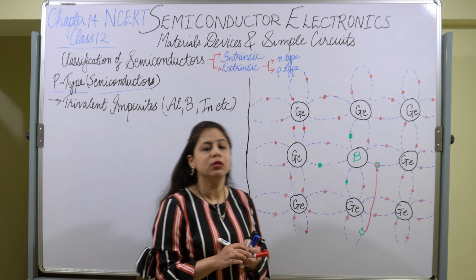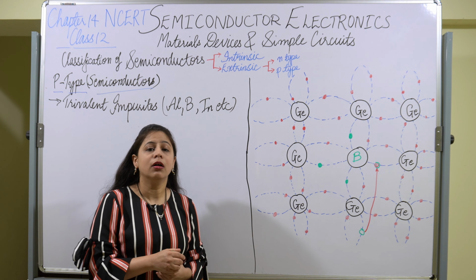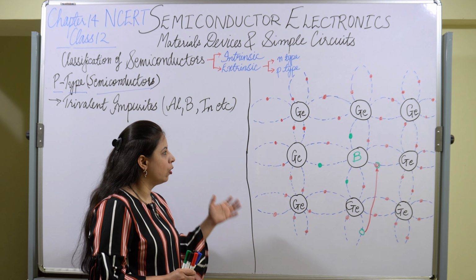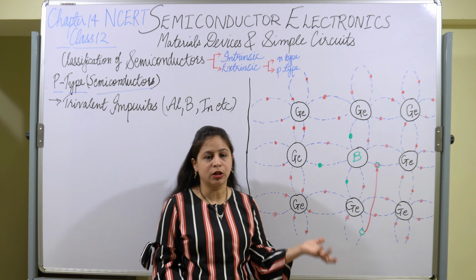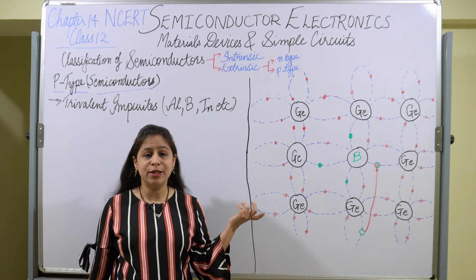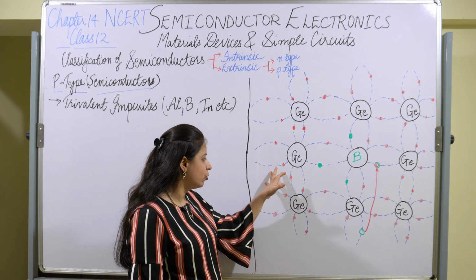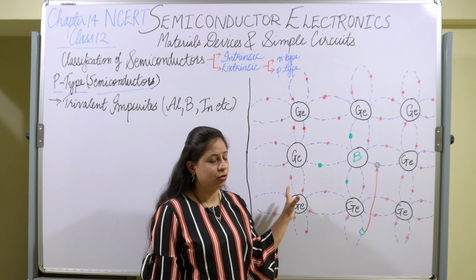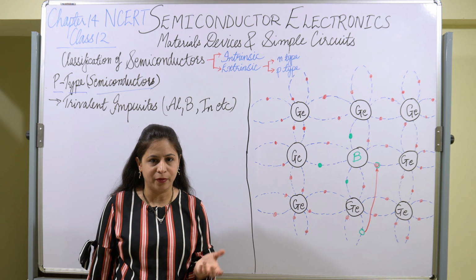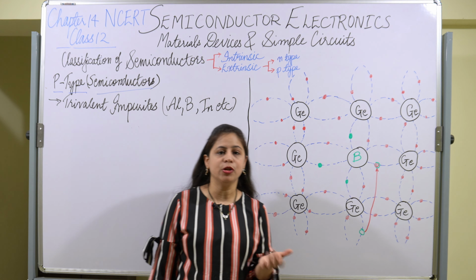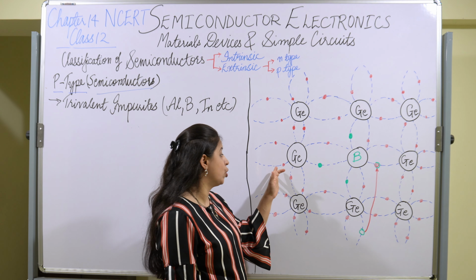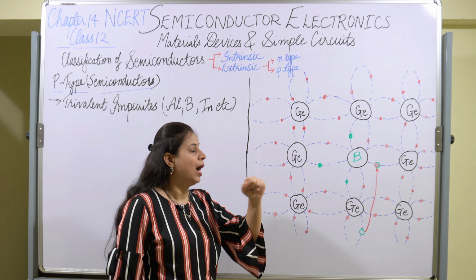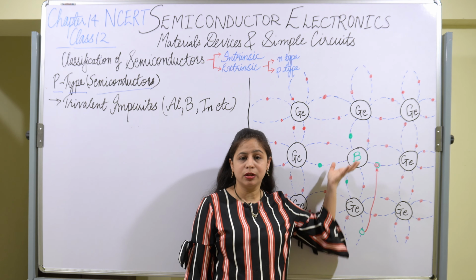So this type of crystal has a majority of holes. The only electrons available for conduction come from the intrinsic semiconductor, meaning at temperatures greater than 0 Kelvin, some of the electrons will break the bond and move in the crystal.